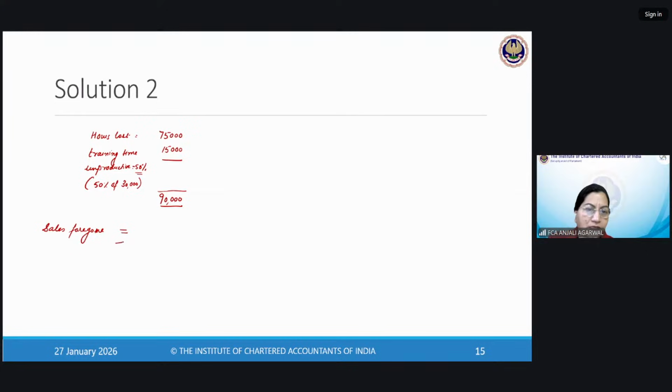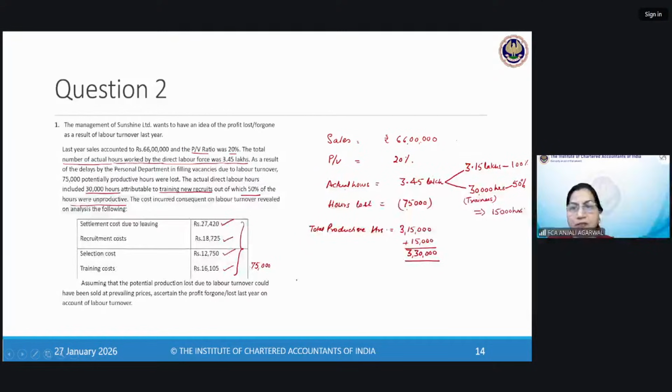So total sales achieved is 66 lakhs. And total productive hours is 3 lakh 30,000. 66 lakhs is the sales achieved in a total productive hour of 3 lakh 30,000.